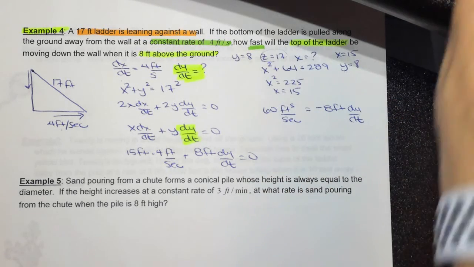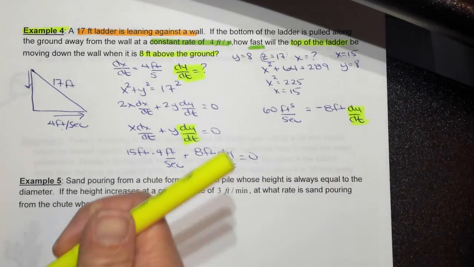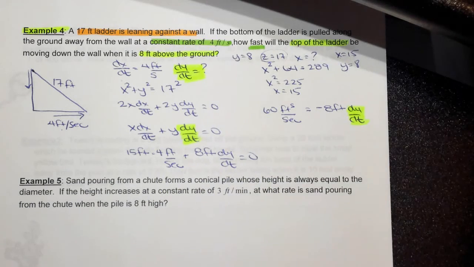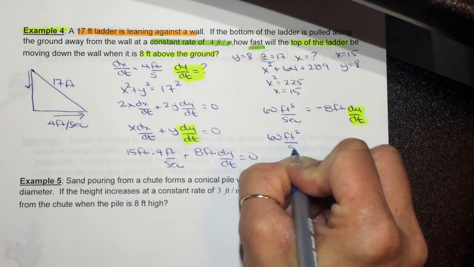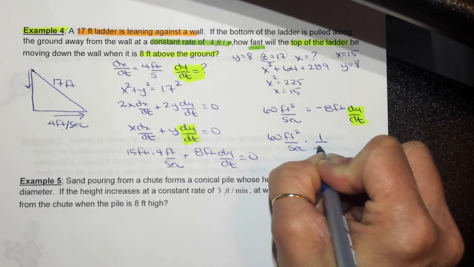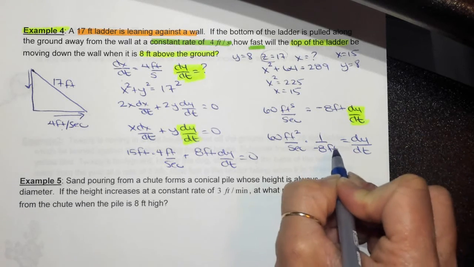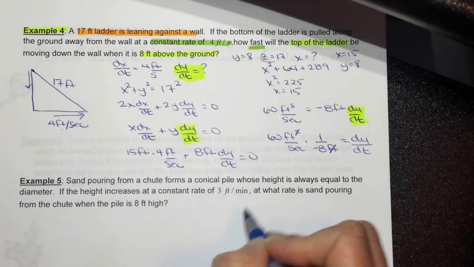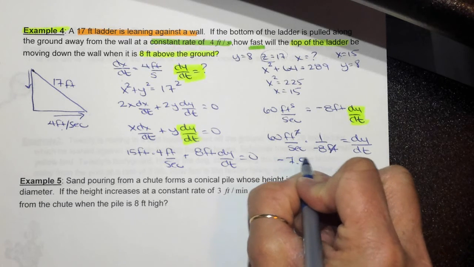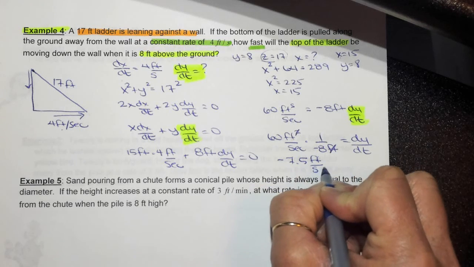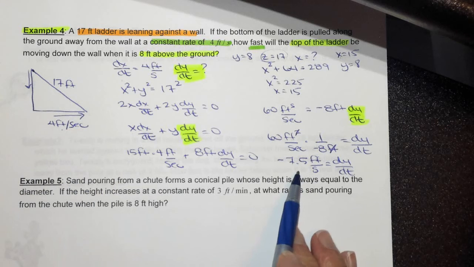So if I'm solving for dy/dt, I'm going to divide or multiply by the reciprocal. So you have 60 square feet per second times 1 over -8 feet is equal to dy/dt. This will cancel with this. So you end up with a decimal of -7.5 feet per second is equal to the rate of change that the ladder is moving down the wall.